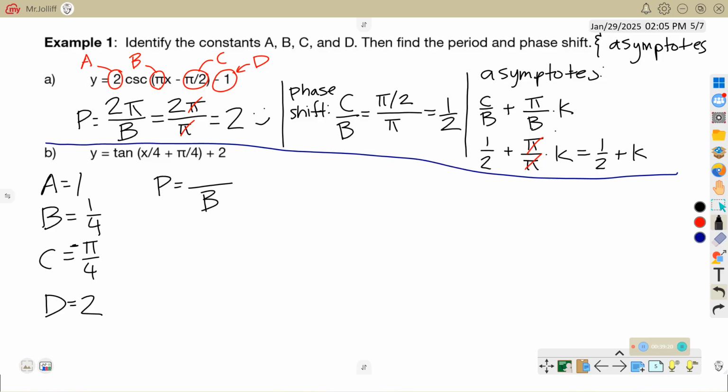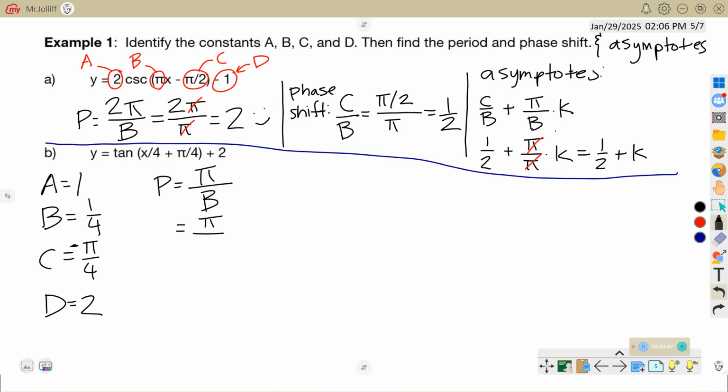We're waffling between 2 pi and pi. Pi over b, why pi over b? Why pi and not 2 pi? Tan and cotan have that shorter pi. Tan and cotan had the original period of pi. Good.